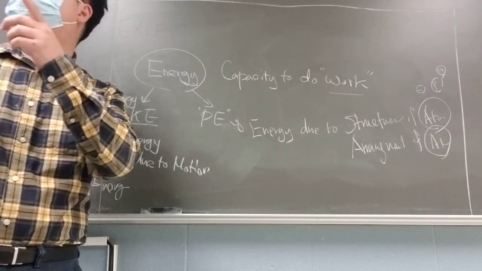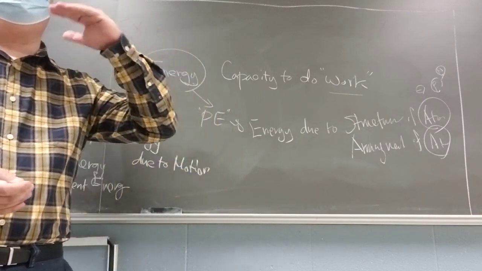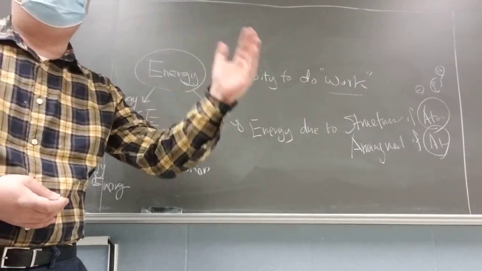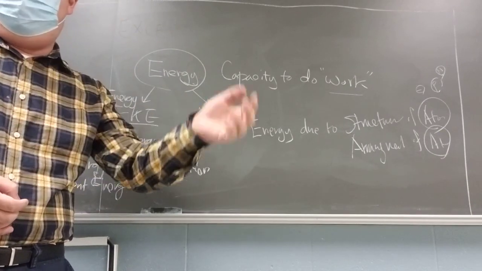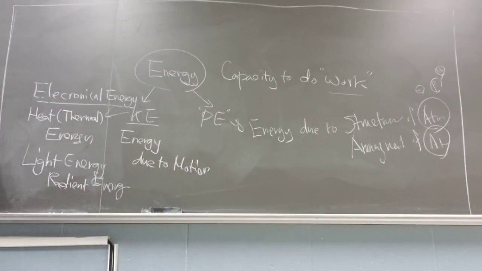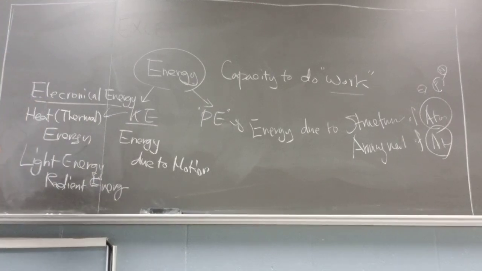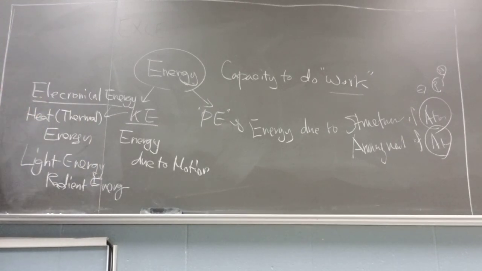You know how we have electricity in this building, right? You have to have a certain energy to push those electrons in a certain circuit or system, so we can turn on the light or use our devices. So this is obviously one type of kinetic energy.